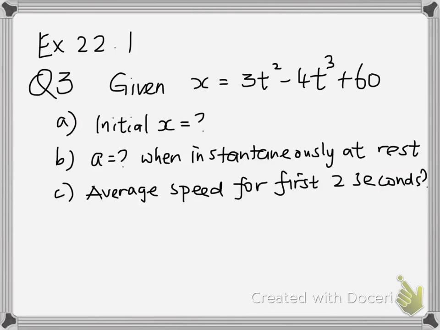So you're given x is 3t squared minus 4t cubed plus 60. So for the first one, is it too light? It should be okay now. Alright? Okay, so this tells the answer, right?